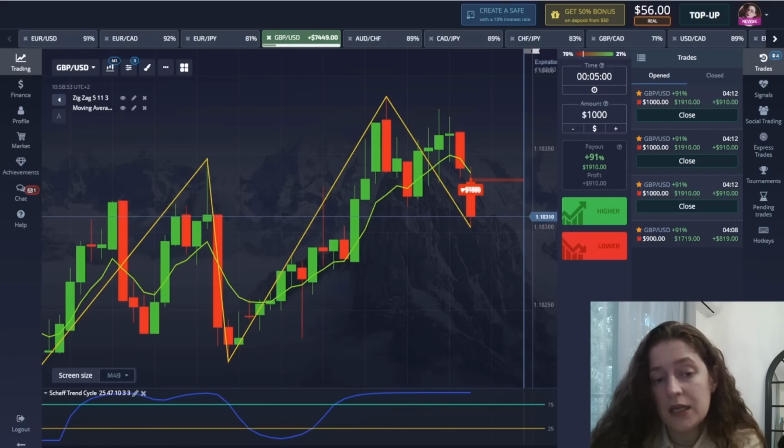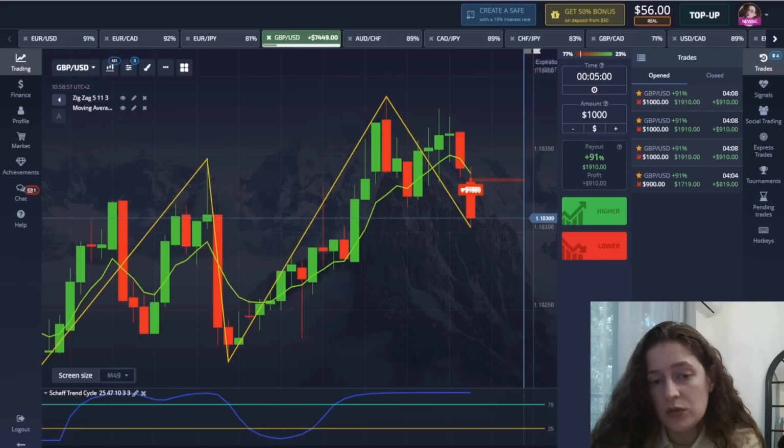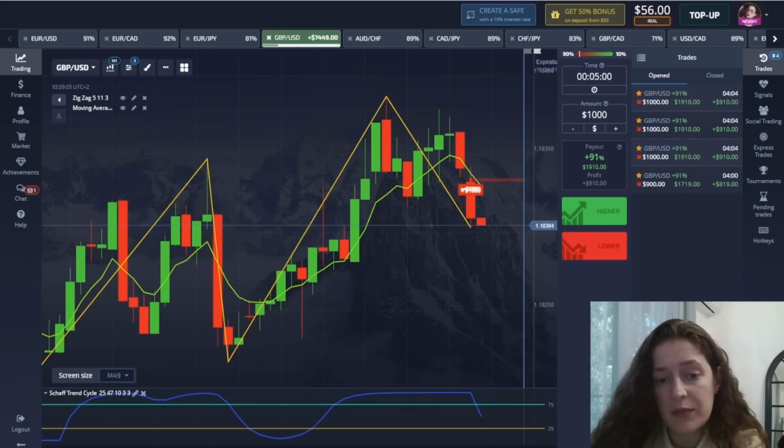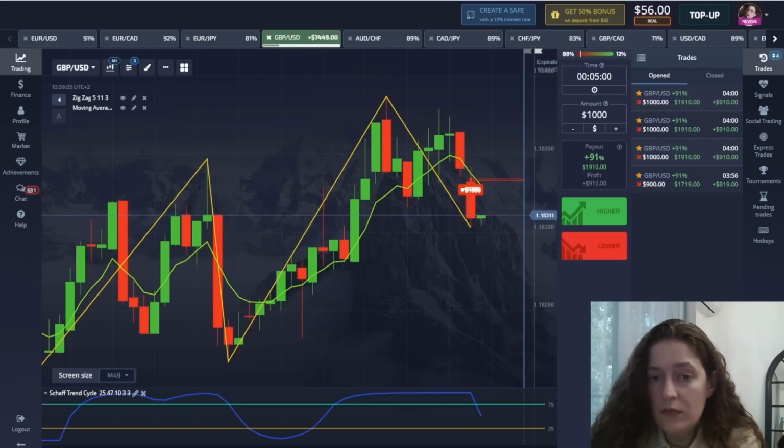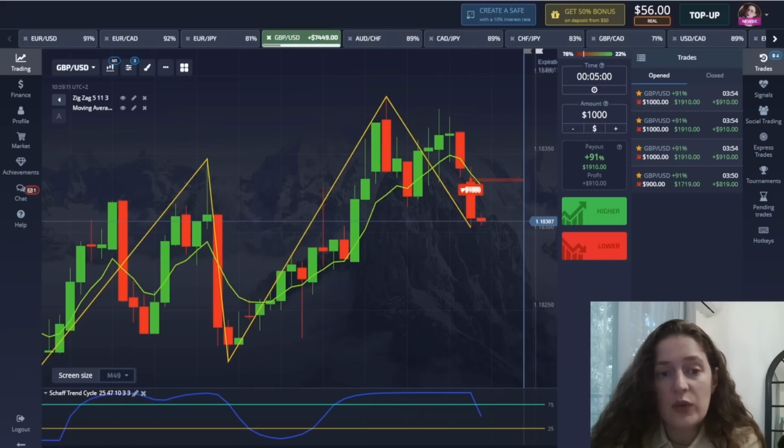But I think indicators play a key role to clearly see in which direction a currency pair is likely to go. So I think at this point everything is going in a perfect way.